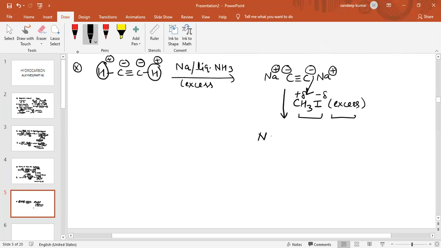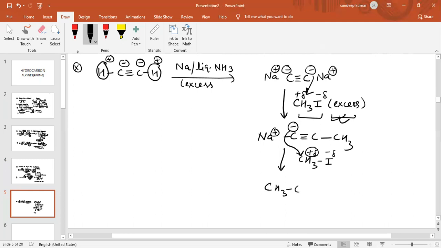So in the first step, the product obtained is C≡C with CH3. But CH3I is present in excess, so in the next step it will also attack CH3I. This is partial negative, this is negative and this is positive, so this carbon will again attack this CH3. Now the product obtained is CH3-C≡C-CH3.